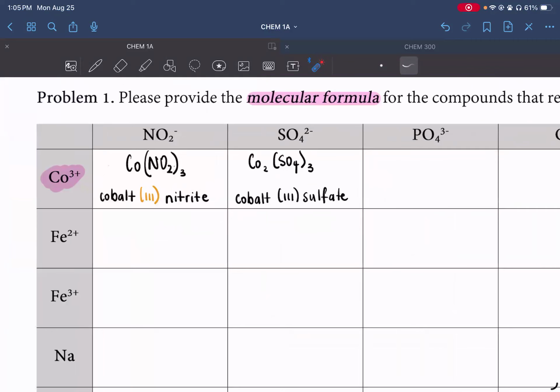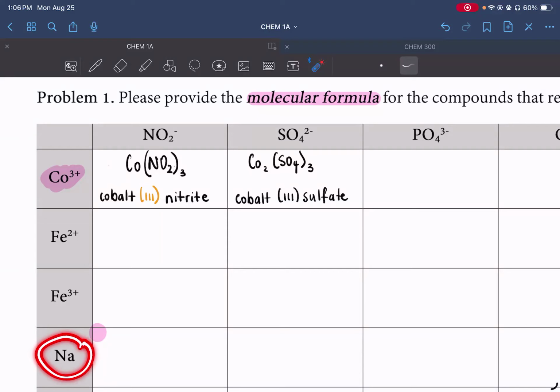Okay, I would like to now try the sodium and the NO2. So that fourth row from the top, this one right here. All right, notice I did not give you the charge of the sodium. Why is that?